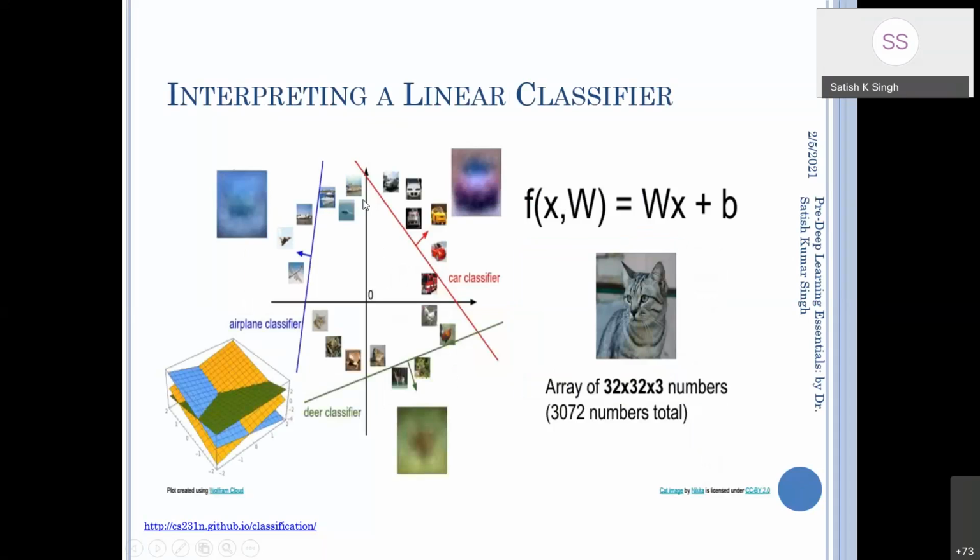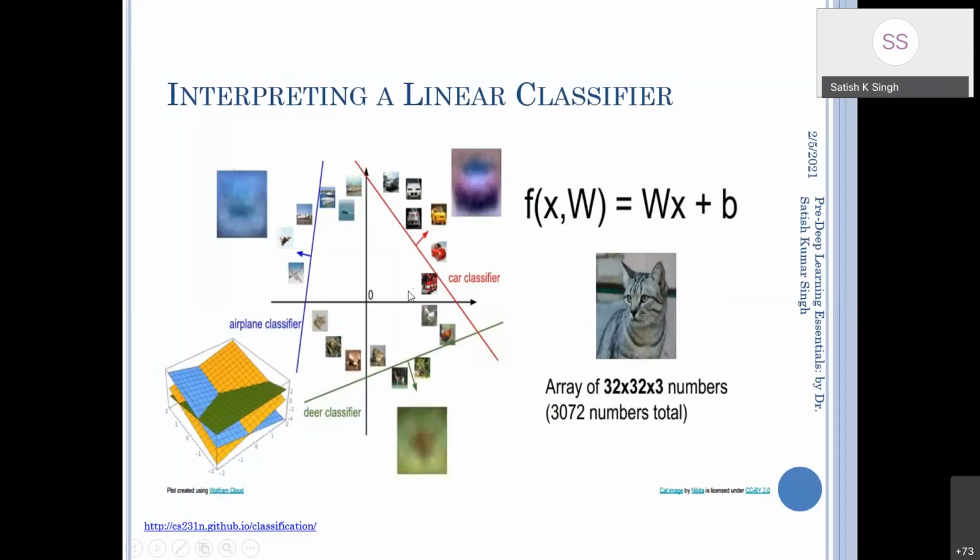So basically in the case of a three class problem, 3 decision boundaries will be formed. All the samples above this boundary will be predicted as car, and below it non-car. Here, deer, non-deer. Similarly, airplane, non-airplane. So these kinds of decision boundaries will be formed.